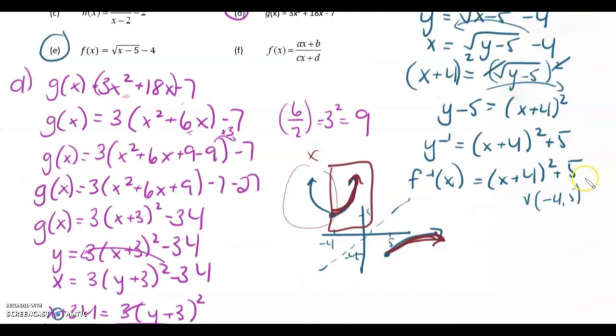So we would have to say such that x is greater than or equal to negative 4. Whatever this number is goes here, because that's our shift left and right. That way, our half of the parabola is truly representative of only half of that root function.